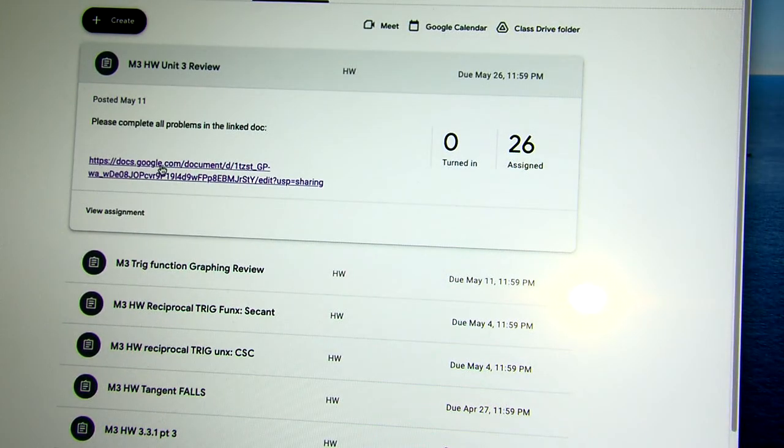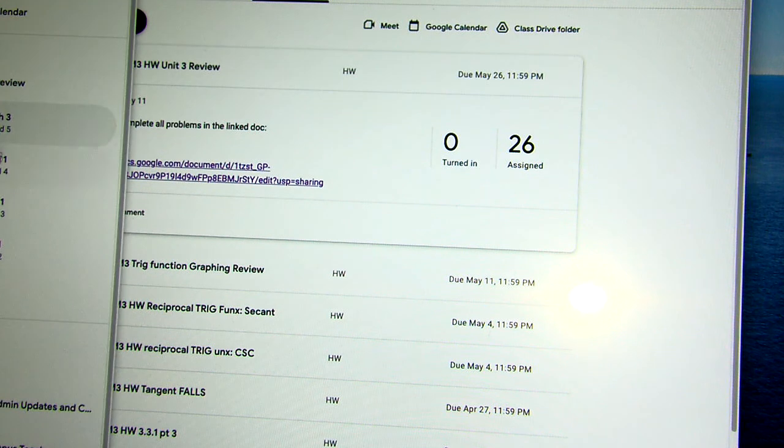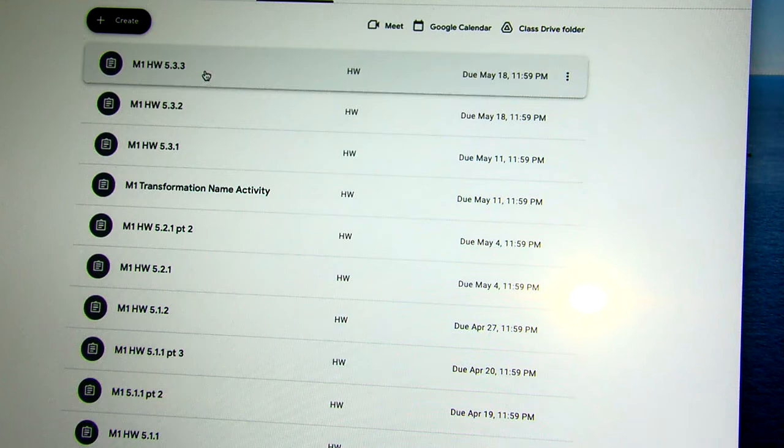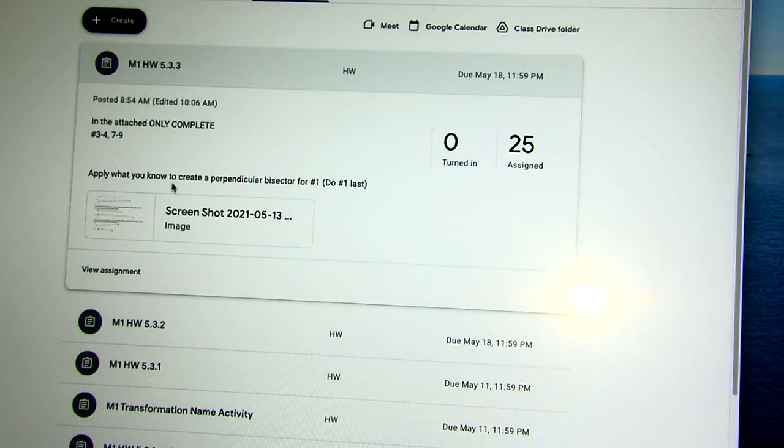It is not this class. Okay. Today's homework, 5.3.3. Now, look what it says. In the attached, you're only completing 3 to 4, 7 to 8. Okay? But look, here it says, apply what you know to create a perpendicular bisector for number 1. Do number 1 last.